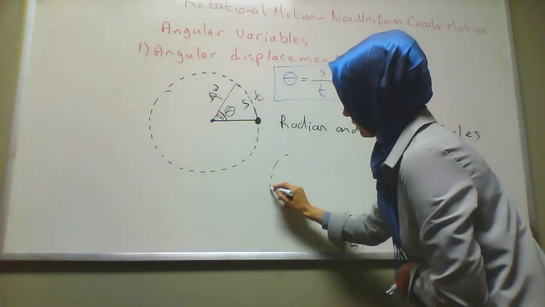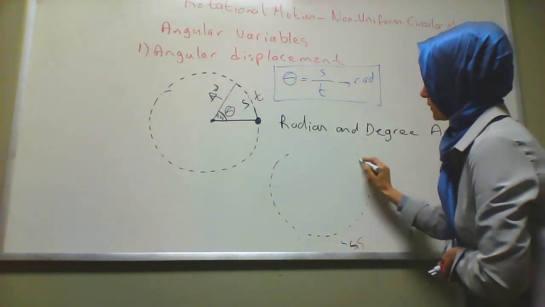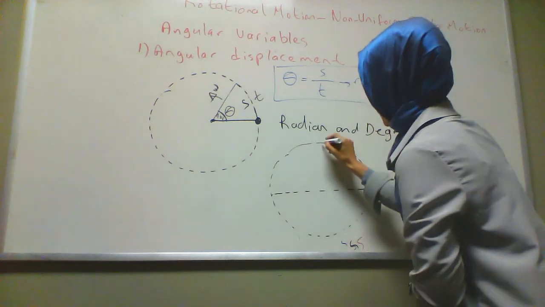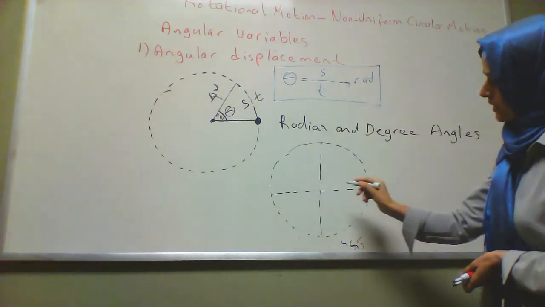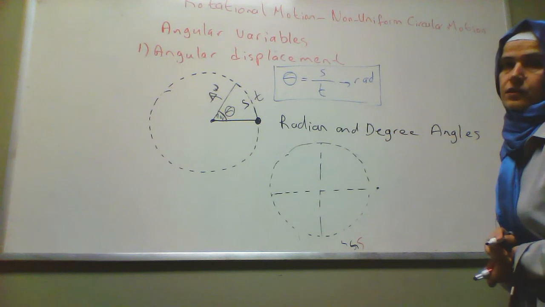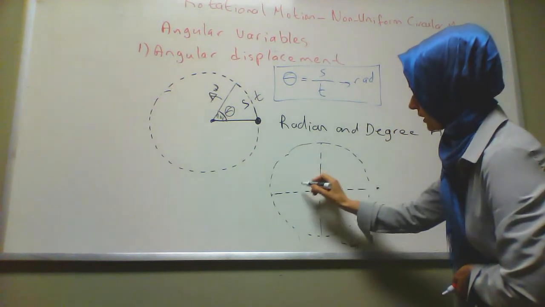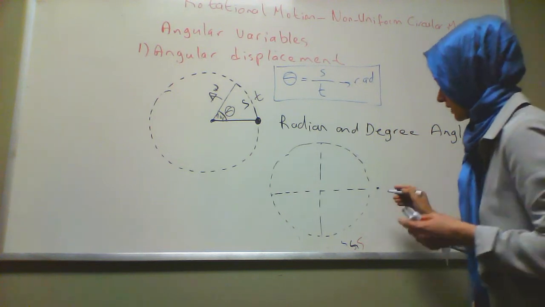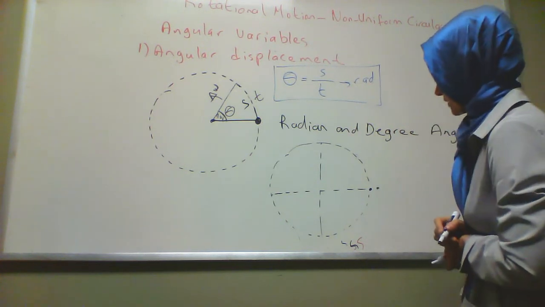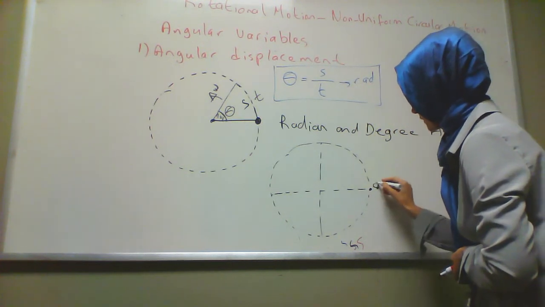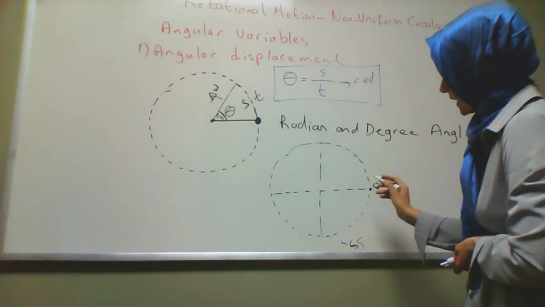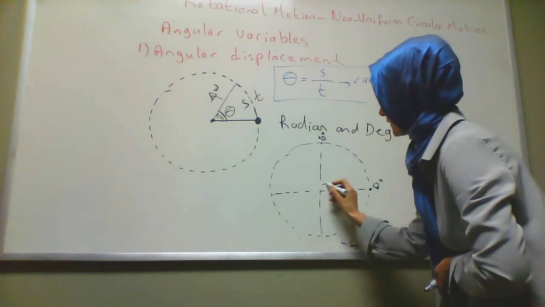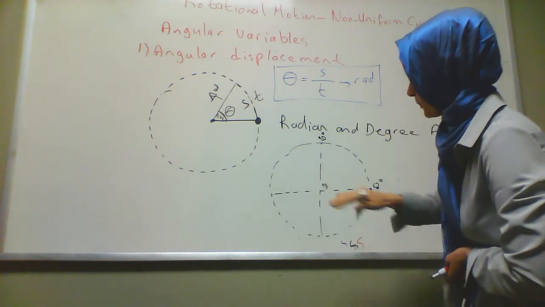If we have a full circle, I am sure all of you know in degrees what every position along a circle means. We know from the general information of life that if we rotate a full circle, the total angle you rotated is 360 degrees. Let's say we start from here. This is our initial position. This is 0 degree point. If you come in here, this is 90 degrees.